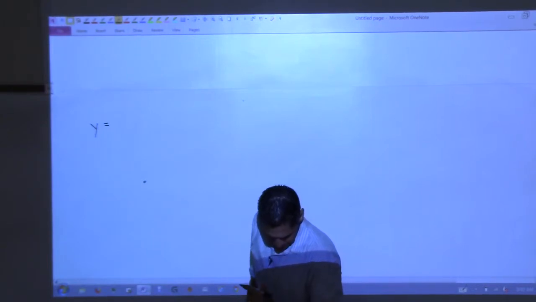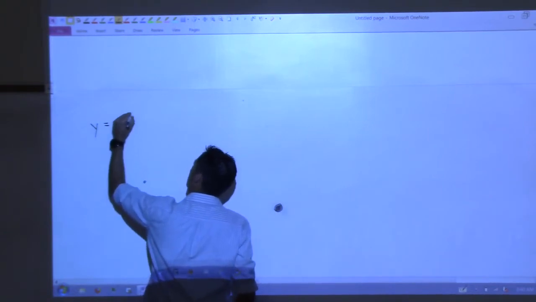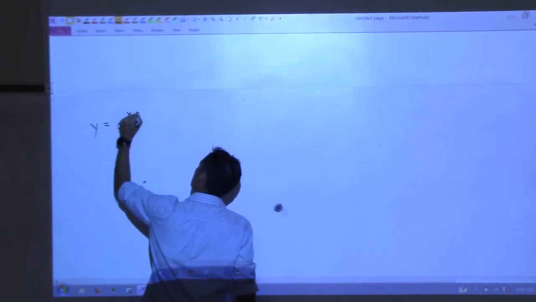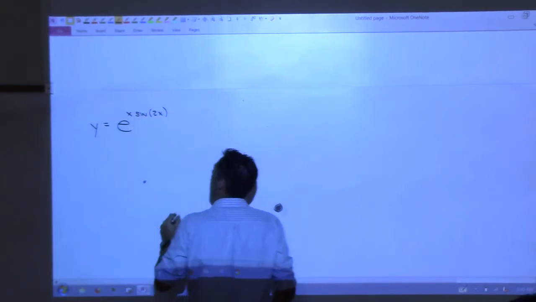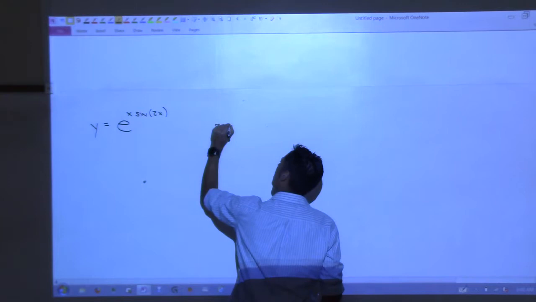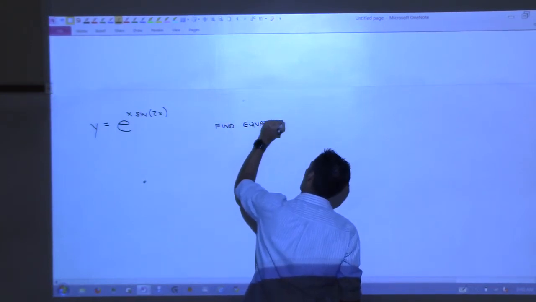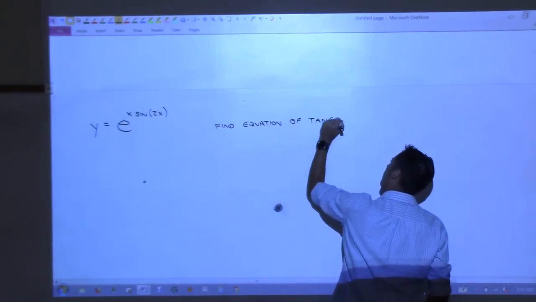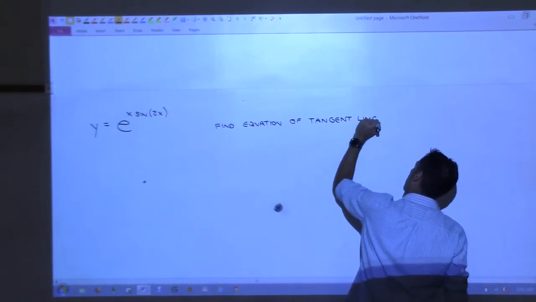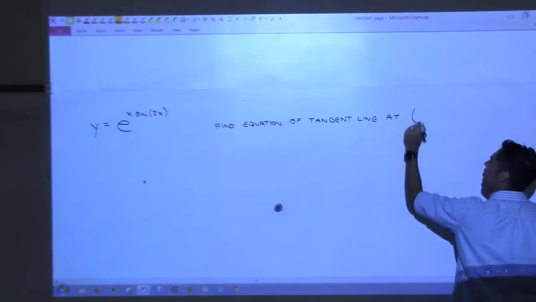Okay, how about this one? Y equals e to the x sine 2x. Find the equation of the tangent line at the point (0, 1).